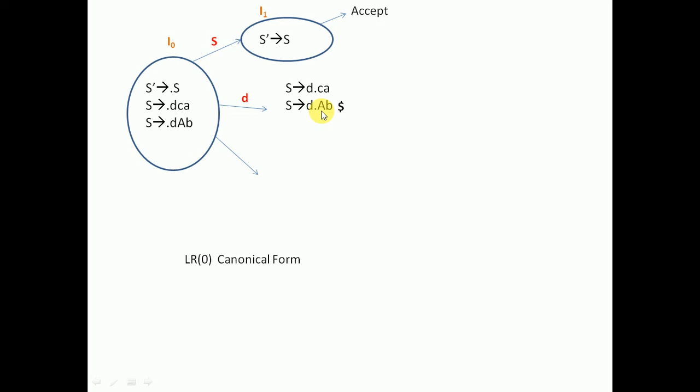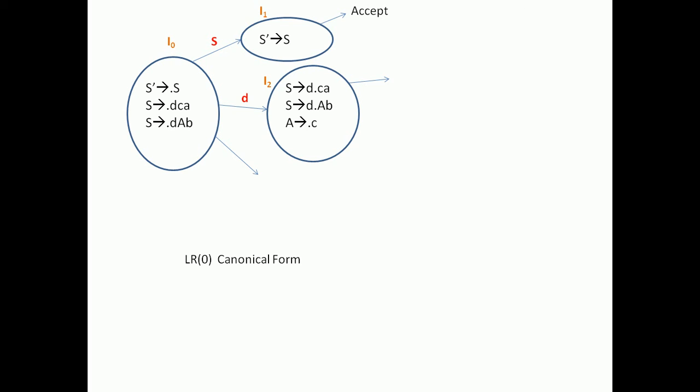It has its own closures, its own derived productions, so we have to write the closures of the dot in front of capital A. Two closures we write, A derives dot C and the other, and whenever you write a new closure, you put the dot at the beginning of the production. Now this becomes one item set I2.